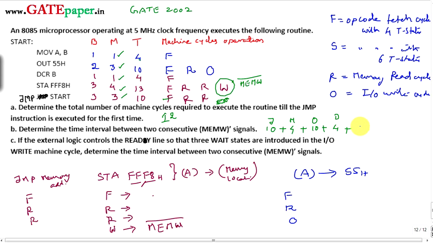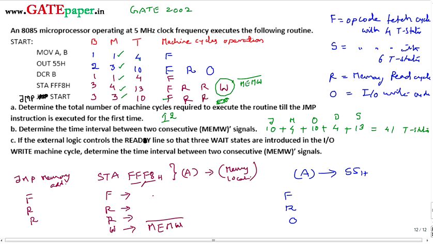Next, the STA instruction, because previously it was not considered, so now we must consider it, takes 13 T states. The total is 14, 14, 28, 28, 38 plus 3, 41 T states it takes. So 1 T state is 1 complete cycle, and 41 T states means 41 cycles.